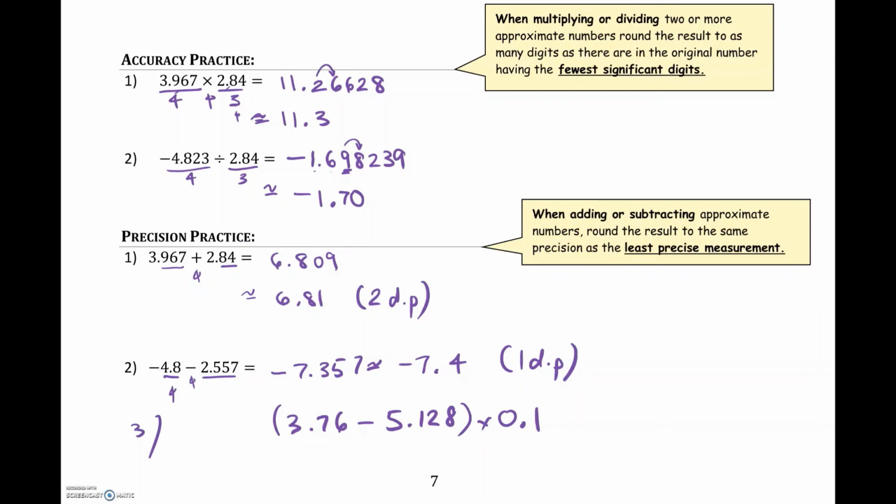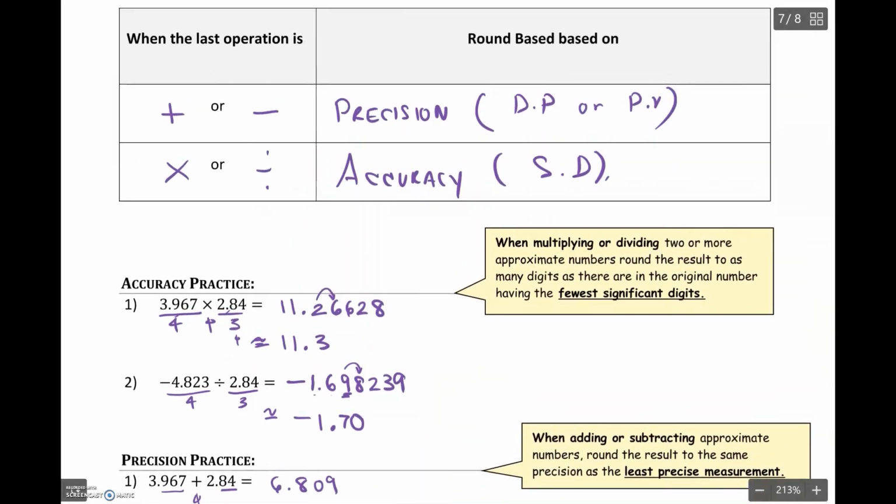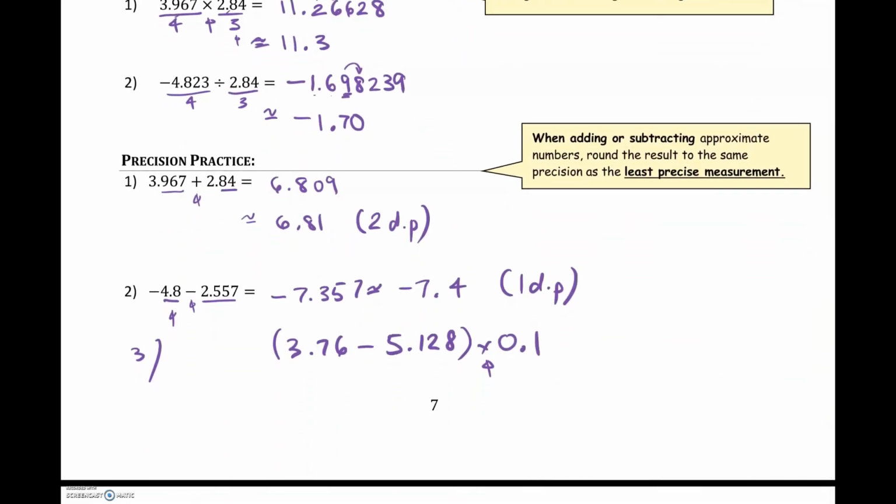Well, we would do the brackets first, then the multiplication. So our last operation would be multiplication. So when our last operation is multiplying, we round based on accuracy or the number of significant digits. The least number of significant digits would be 1. So our final answer would have to be rounded just to 1 significant digit.